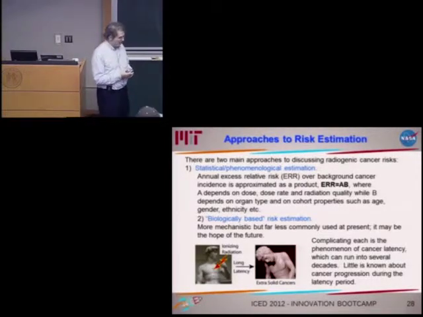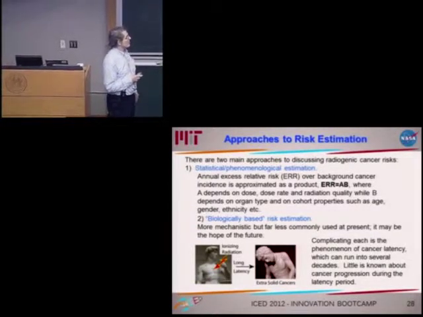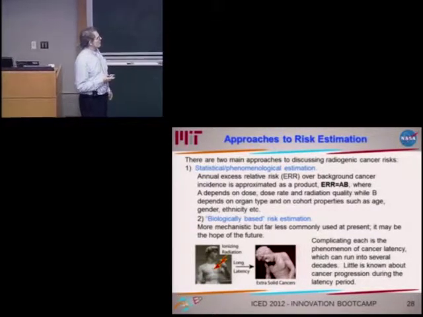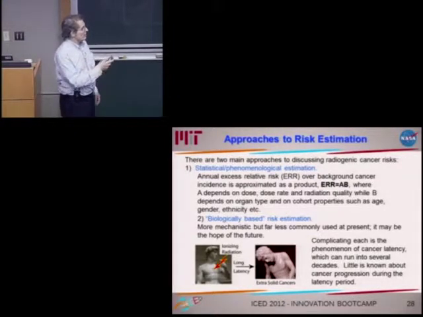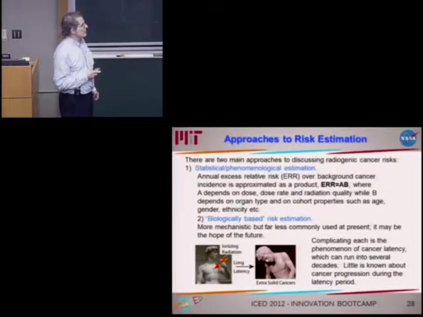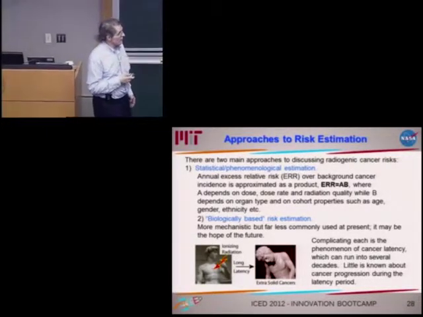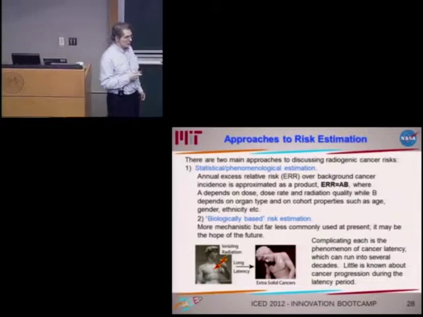So the approaches to risk estimation are a couple. The one most commonly used for the purposes of actual policy making is the statistical phenomenological estimation approach. One here considers the annual excess relative risk, the ERR over background cancer incidence, and takes that to be, in effect, a formula like that shown there, the excess relative risk being a product of two inputs.